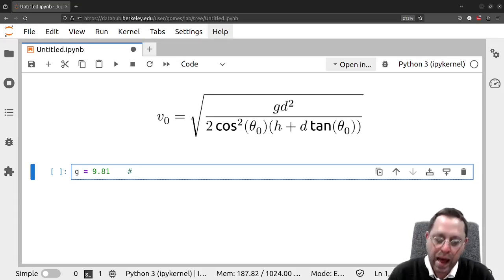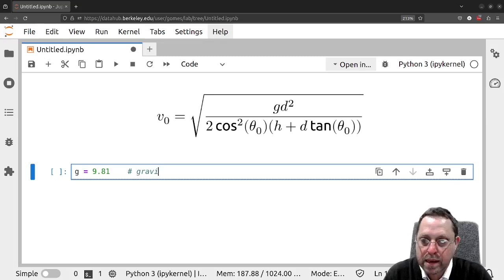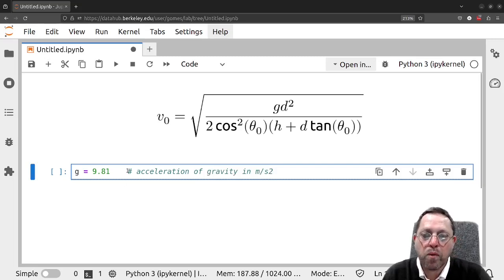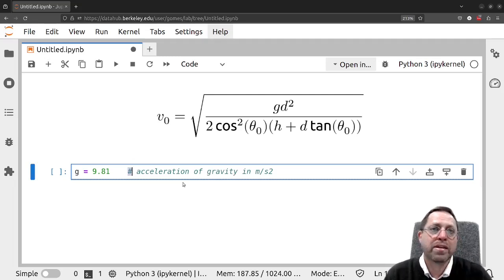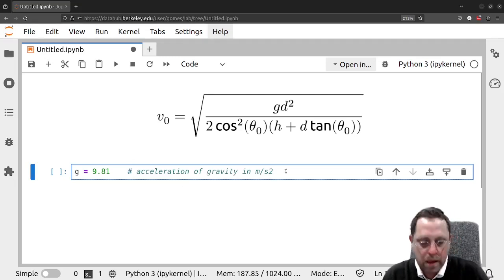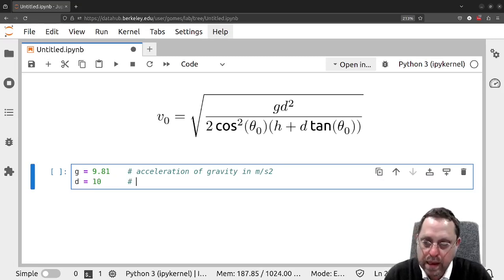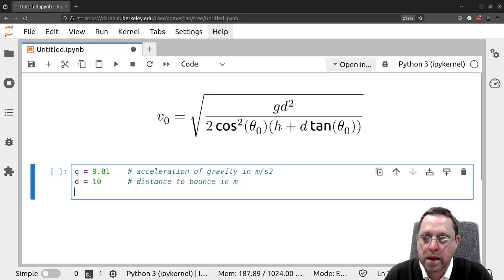So I put a hash, and then I can say acceleration of gravity in meters per second squared. What this symbol does is tell the interpreter to ignore everything that comes after it. Then d is 10. That is the distance to bounce in meters.